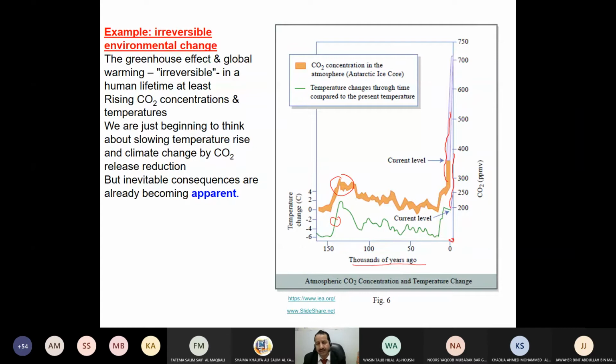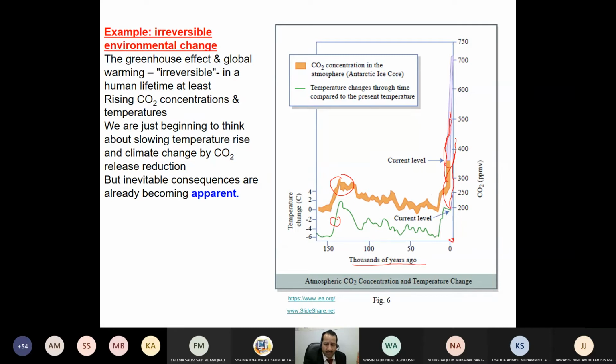It will create what we call climate change and global warming. We are going to discuss this at the end of the semester. So if we keep increasing CO2 coming from our activities, temperature will increase and we change everything on this planet and we may lose control.